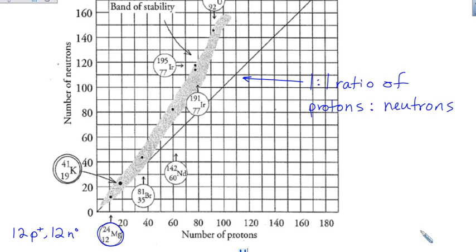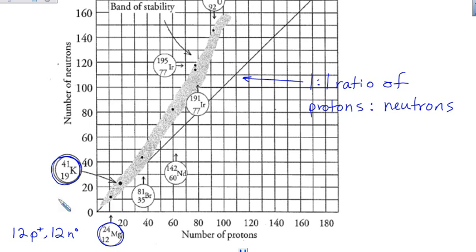That pattern seems to fit for the small atoms until you get about element 20. So here we're close to 20. They've got potassium on the chart. Potassium is number 19. If I look on the periodic table, its mass is really close to 39.098.